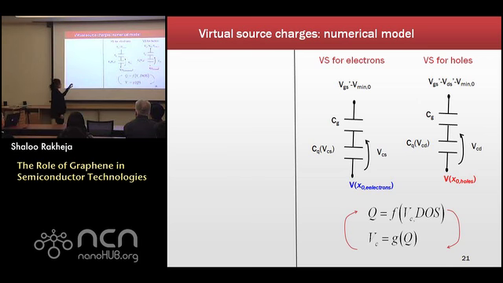And the voltage divider network for electrons is here, and Cg is the oxide capacitance. Cq is the quantum capacitance, which depends upon the surface potential. And likewise, we have a similar structure for the holes, and there the quantum capacitance depends upon the surface potential at the drain end.